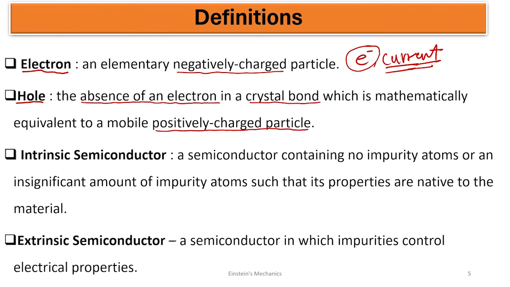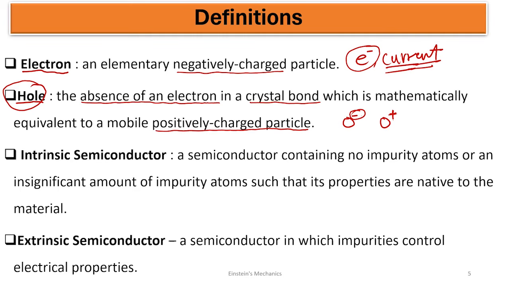So for example, when we look at an atom which is negatively charged, if we lose this electron, the atom is now going to be positive charge. So the absence of an electron creates a positive charge, and that positive charge is what we are referring to as what? A hole. It's very simple. Are you okay? All right.